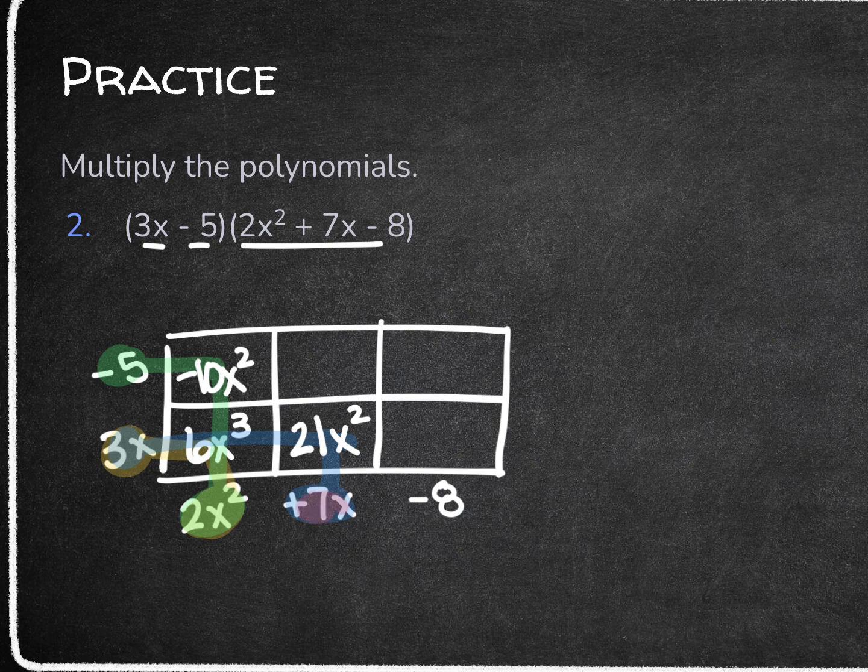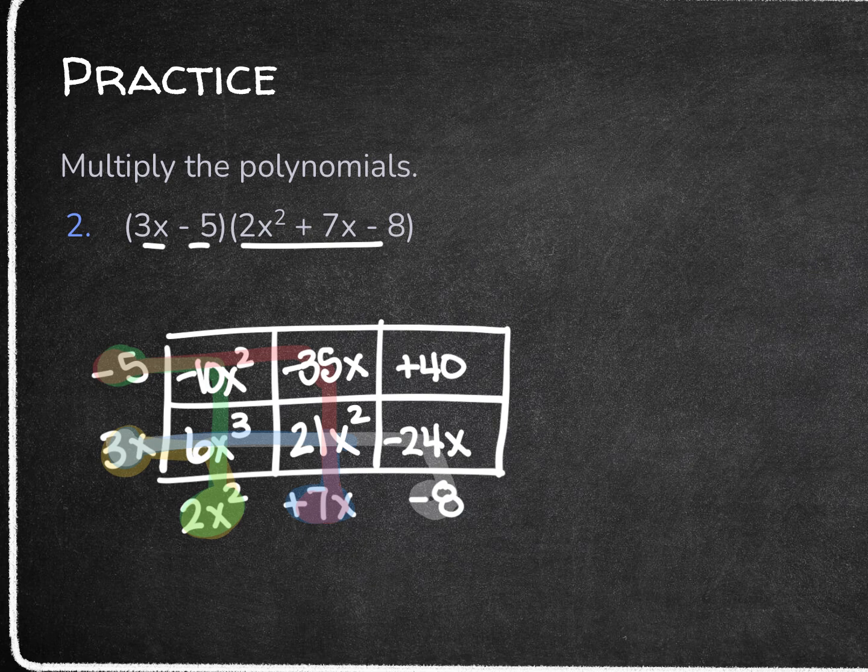I'm going to have 7x times negative 5. So I'm going to get negative 35x. I'm going to have negative 8 times 3x, negative 24x. And then negative 8 times negative 5 is going to give me a positive 40.